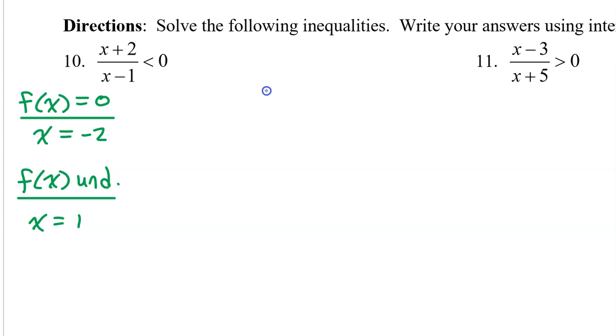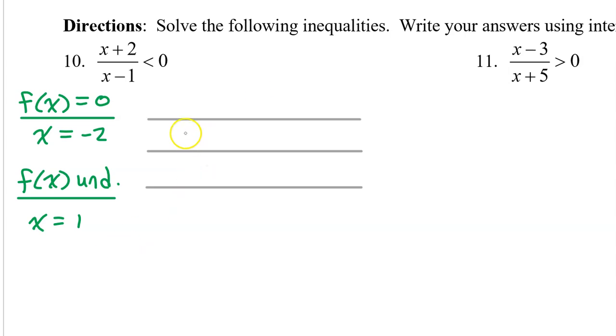Now we make a sign chart. When you make a sign chart, you make a row for every factor. So we have the numerator and the denominator. That'll be 2 rows. This first vertical line is just for labels. Other than this, I need a vertical line for every critical value. I'm going to put both of these critical values across the top in order from least to greatest.